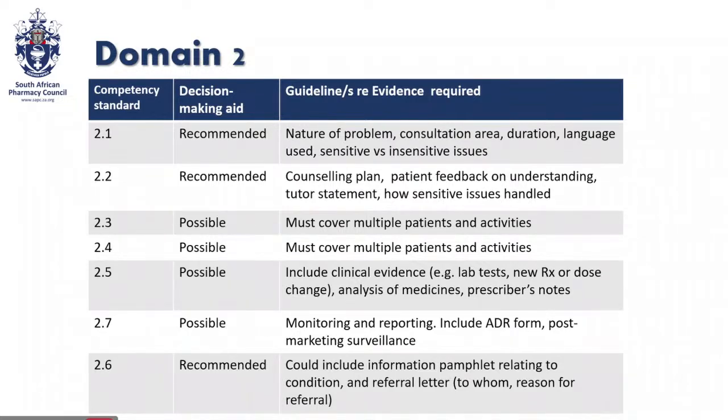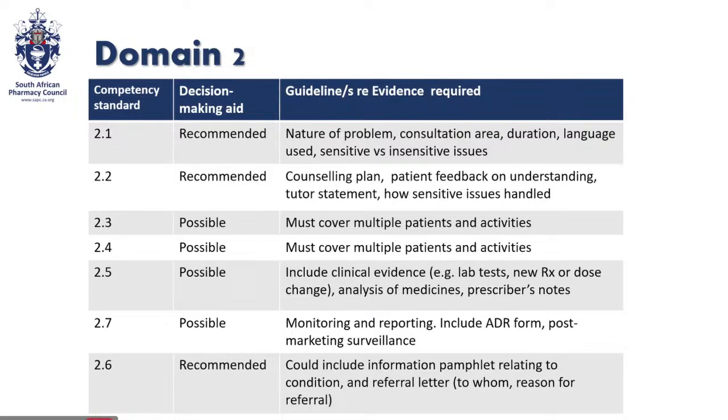All the aids that you use to help you. If you use the patient information leaflet, show that. Provide that, but it is important that we can see that you can counsel someone.